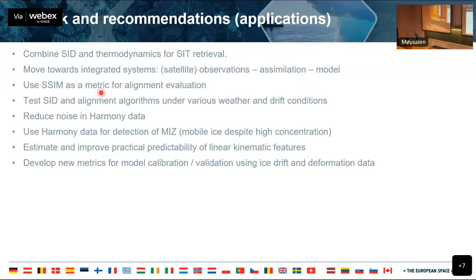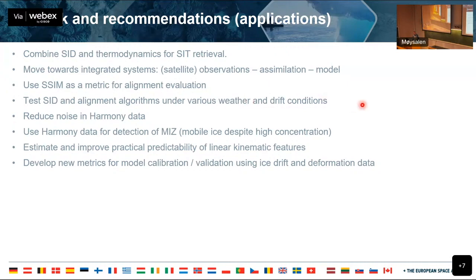And then some suggestions for using a new metric for evaluating the alignment were given. And suggestions that the sea ice drift algorithms need to be tested under different environmental conditions.